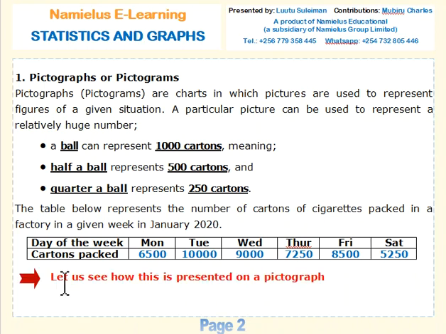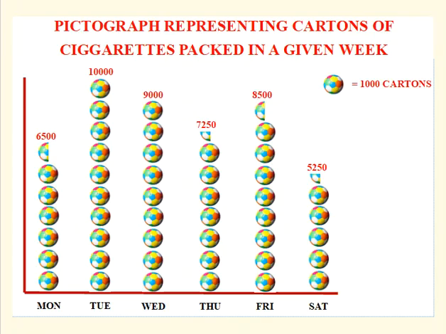We are now going to look at how this is presented on a pictograph. Let's look at our pictograph and then see how it is interpreted. Remember, we said a ball is equivalent to 1,000 cartons. Now, let's look at Monday. Monday we have how many balls? 1, 2, 3, 4, 5, 6.